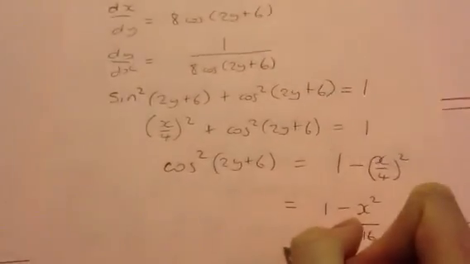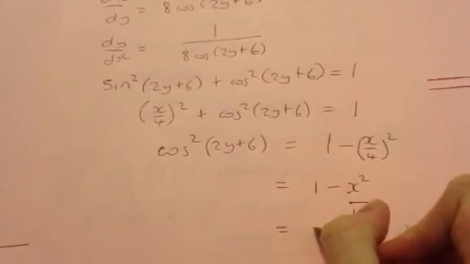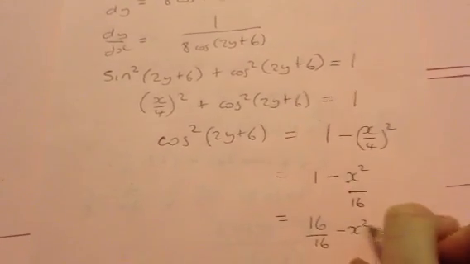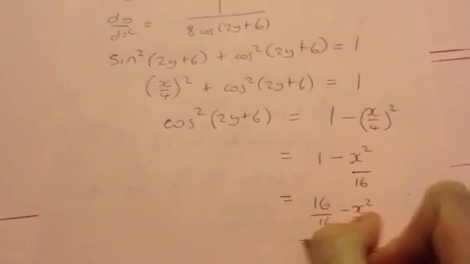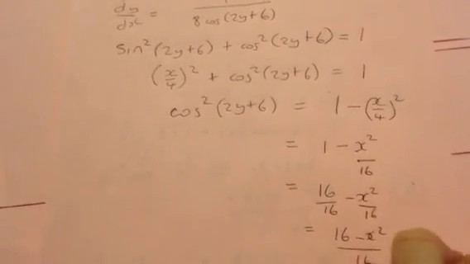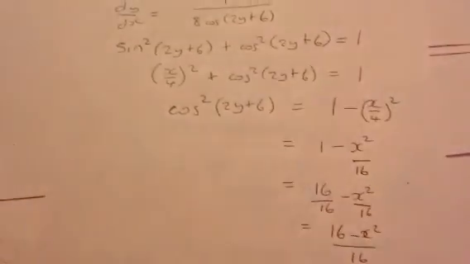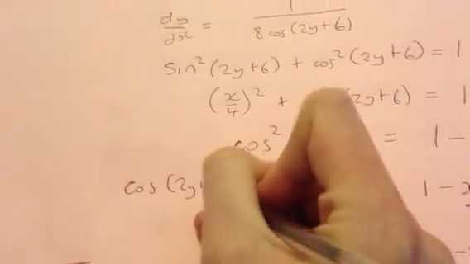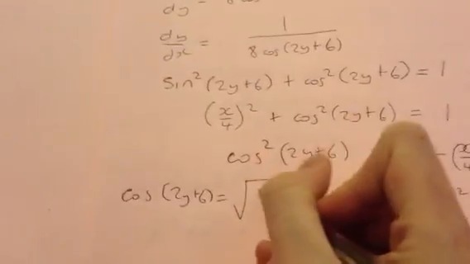Okay, which, if I'm being pedantic, is 16 over 16 minus x squared over 16, which is 16 minus x squared over 16. So cos squared of 2y plus 6 is this. Okay, so cos of 2y plus 6 is the square root of that.